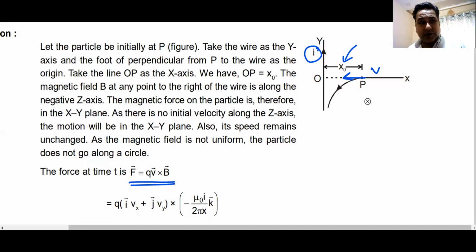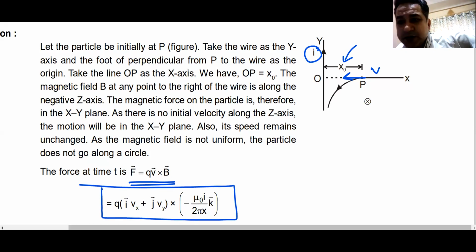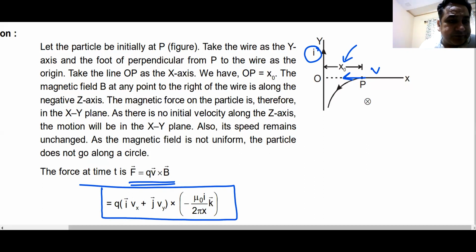You can find the force on the particle. The particle is confined to move in the xy plane because the magnetic field is in the z direction. So at any time, I can find the force on the particle, q v cross B. Velocity will be vx x hat plus vy y hat, and you cross it with the magnetic field. Yes or no? Yes, sir.